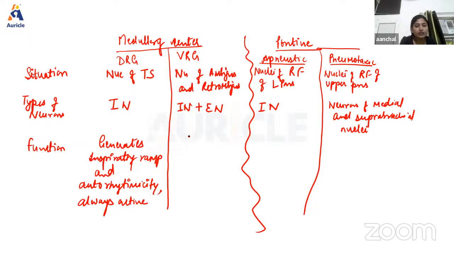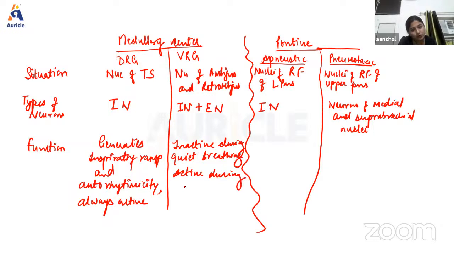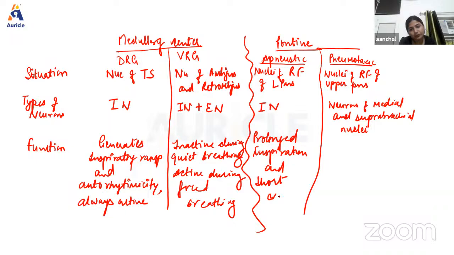The VRG is inactive during quiet breathing and active during forced breathing. Whereas the apneustic center's main function is prolonged inspiration and short expiration.